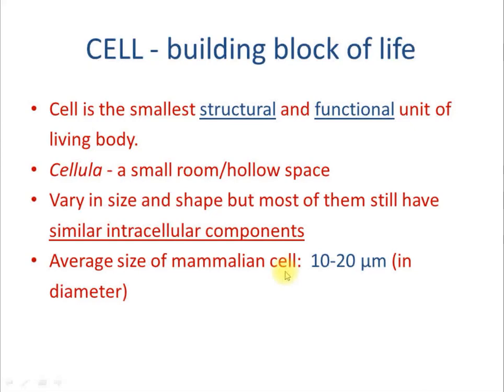On the basis of nuclear organization, a cell can be divided into two types: eukaryote, where eu refers to true and karyon refers to nucleus. One which has a true nuclear organization is referred to as a eukaryotic cell, and one which does not have a true nuclear organization is referred to as a prokaryote.